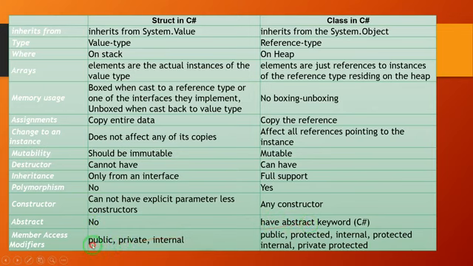And the last one, member access modifiers: in a struct we can apply public, private, internal. In a class, we can apply public, protected, internal, private, protected. These are the differences between struct and classes in C#.